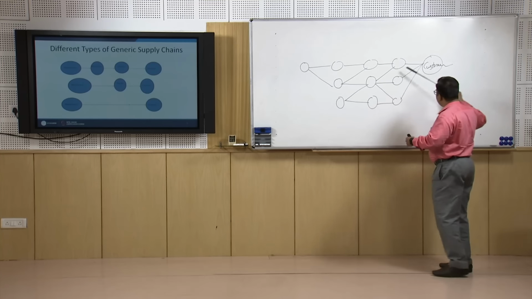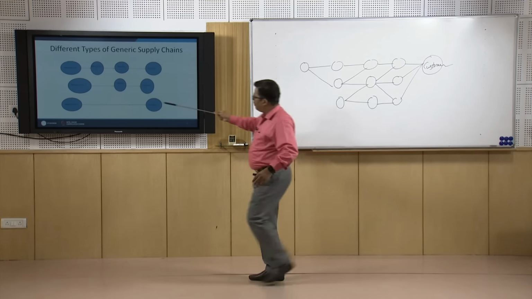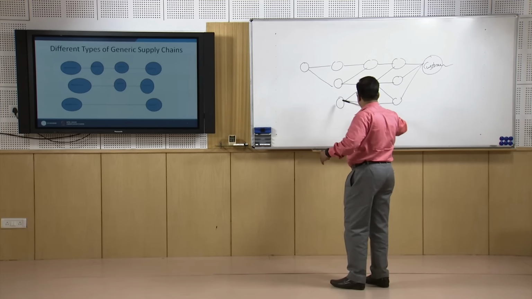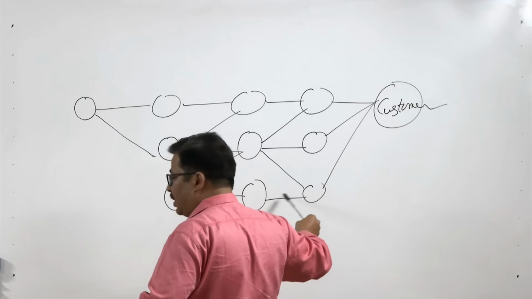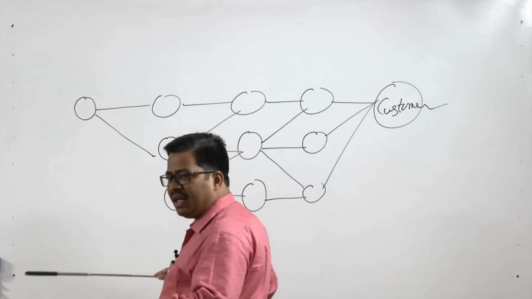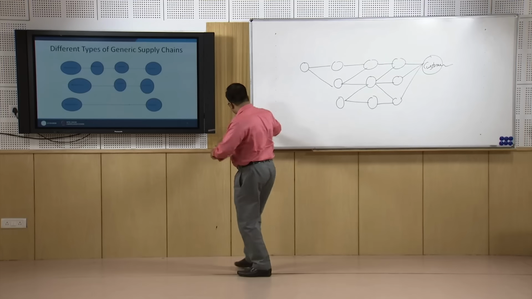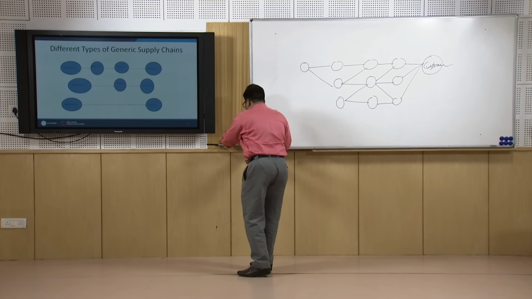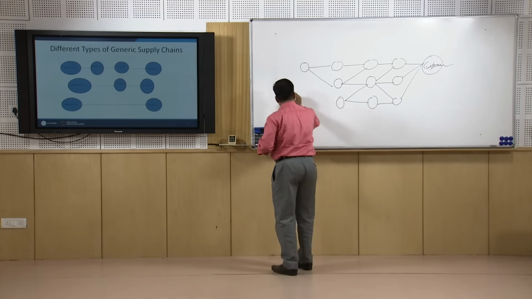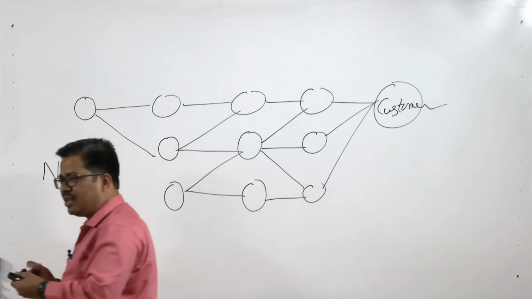Actually the situation is like this, where you have a manufacturer but many wholesalers, many retailers, and these wholesalers and retailers are making a network kind of situation. So these are chains, but what I have drawn on the board is more like a network. So this is supply chain network.